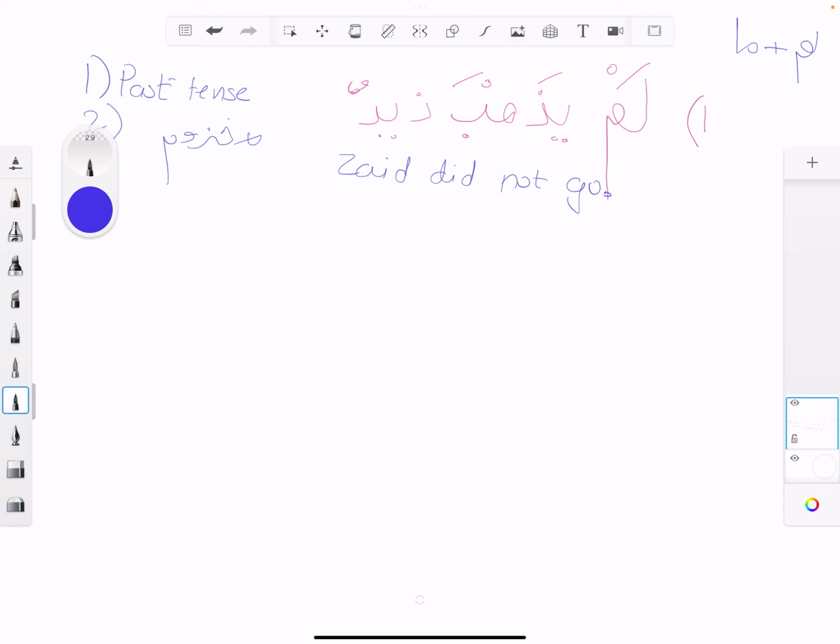When lam comes, it makes it majzoom. Lam yaf'al. So lam and ma have the same meaning, basically. Ma comes before a madi, lam comes before a mudari. You got that? There's a summary in the book which I'll go through in a second.